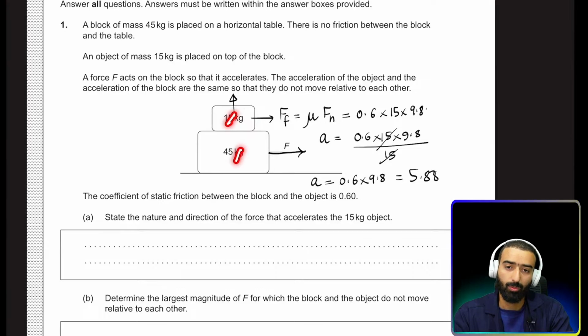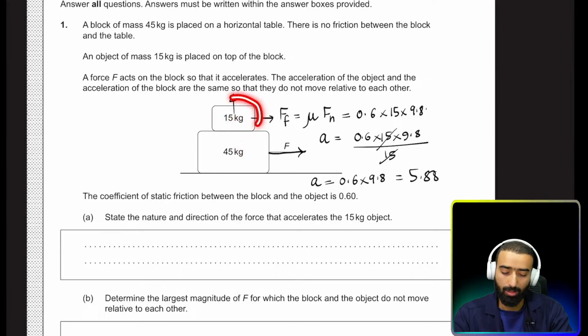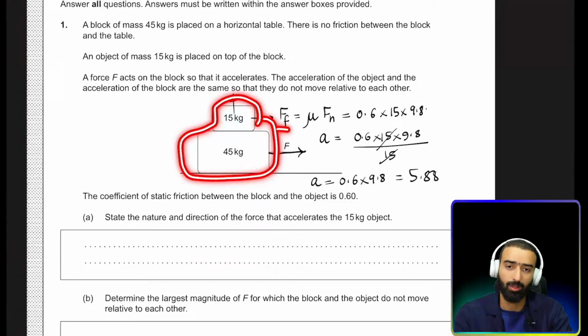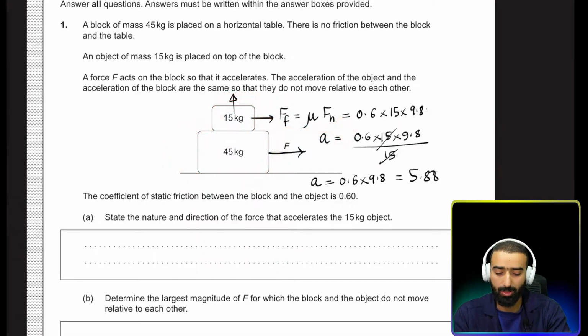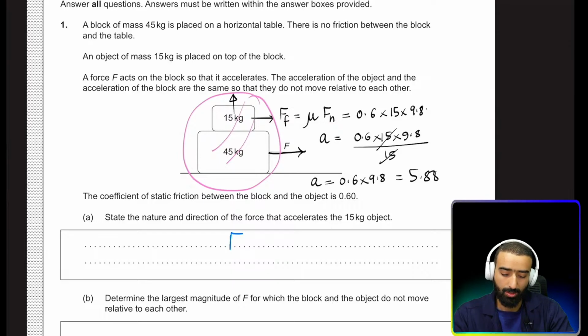Since it's moving with the 45 kilogram block, both of these blocks will move with the same acceleration. So now if we focus on this entire system, we can write Newton's second law: the total force acting on the system equals the mass of the system, that's 60 kilograms, times the acceleration, which is 5.88.